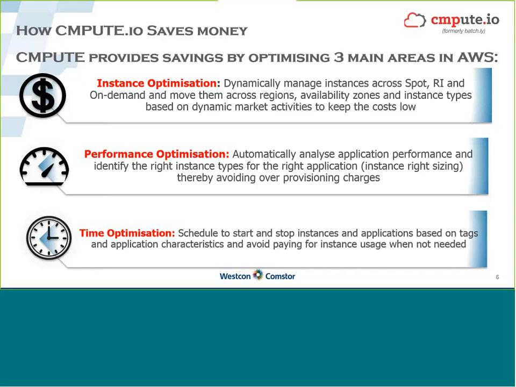This helps to prevent over-provisioning charges as well. And lastly, time optimization. The customer or the reseller gets to schedule when they want to start and stop these instances and applications. So it's a well thought out, very simple system.